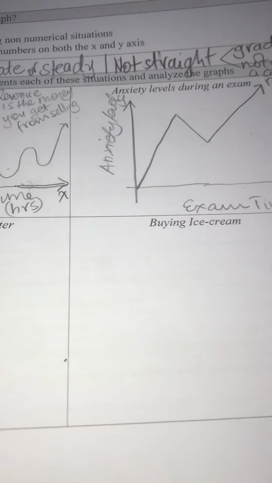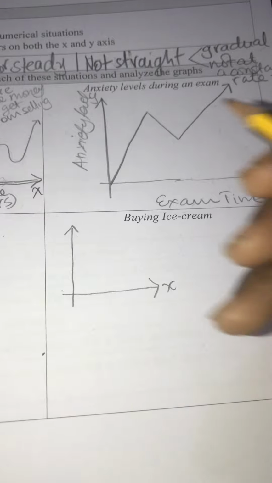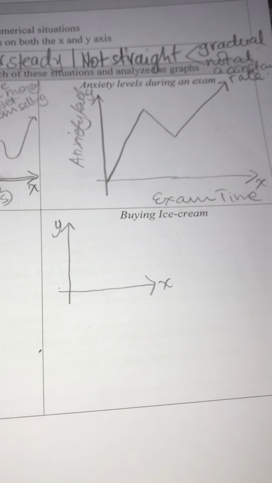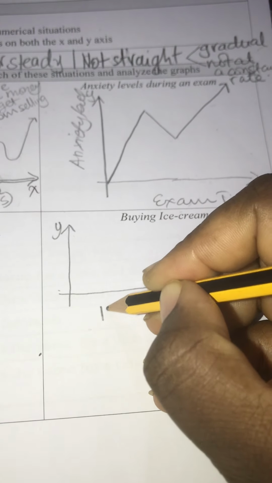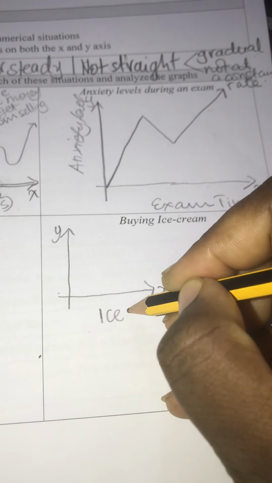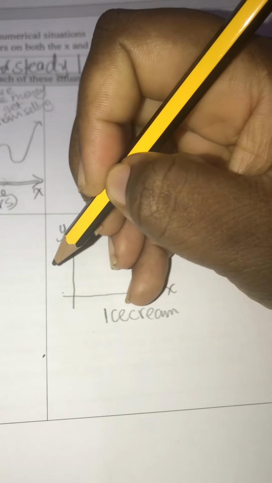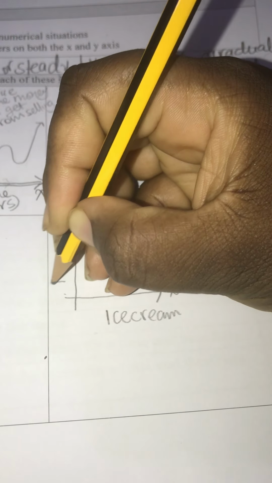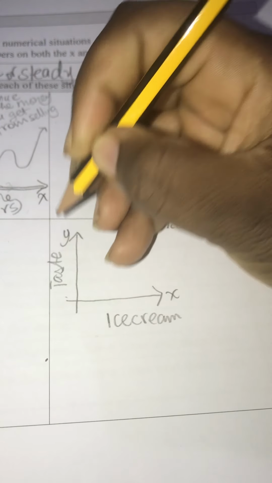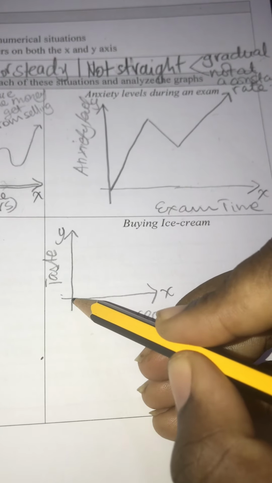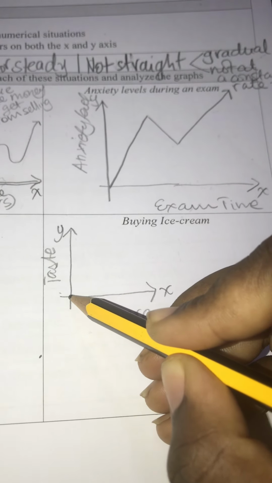Okay, buying ice cream. So maybe I'll draw 2 here. So you are at the mall, you saw this new ice cream shop, and you are buying. So here is ice cream, and here is what? Maybe taste. Okay. So you're paying for the ice cream, you've not tasted.